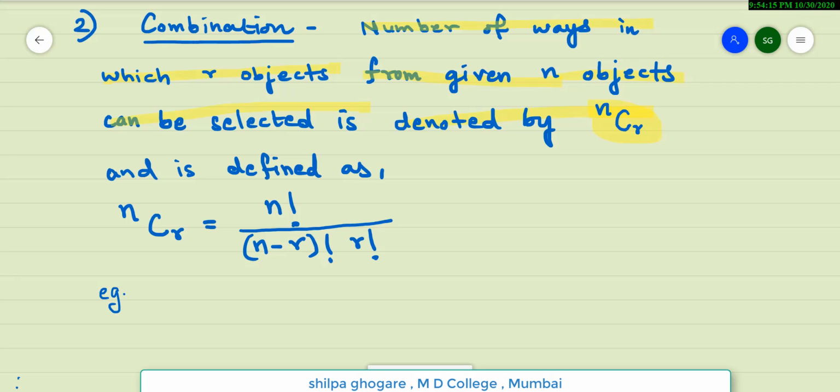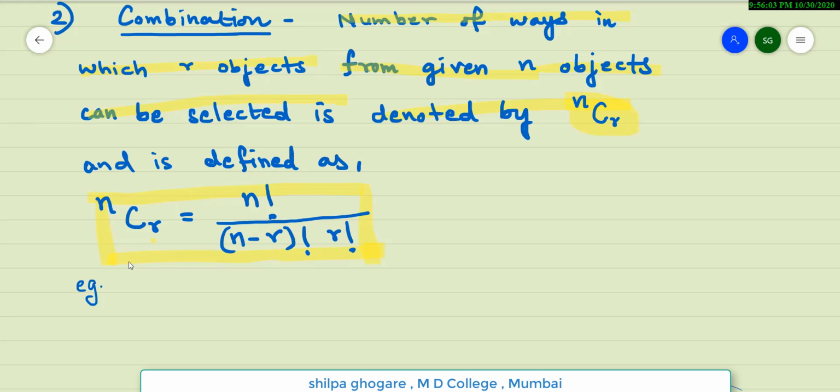On the top left hand side you write small n, and at the bottom on the right hand side you write r, and read it as nCr. It is defined as follows: nCr is equal to n factorial upon n minus r factorial into r factorial. So this is the formula for nCr.